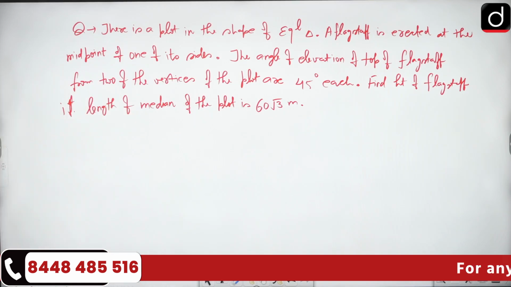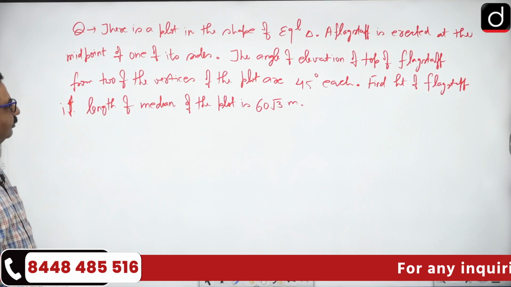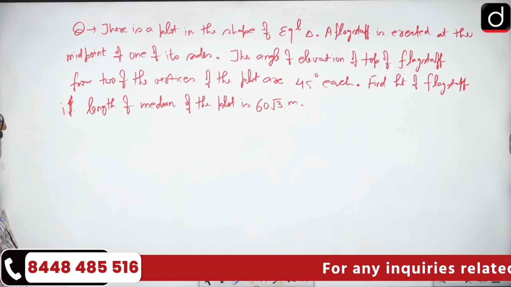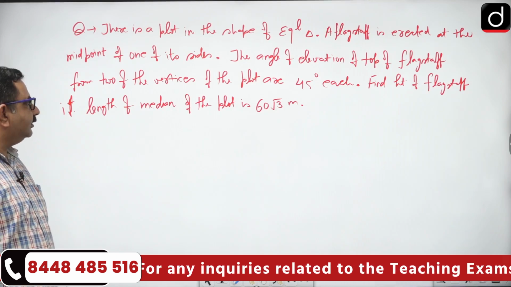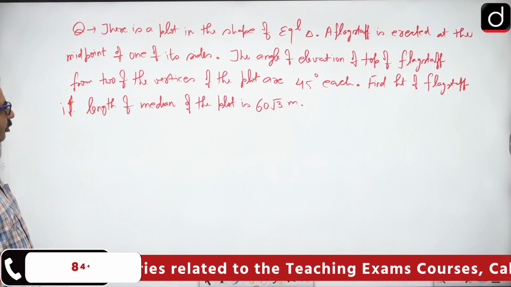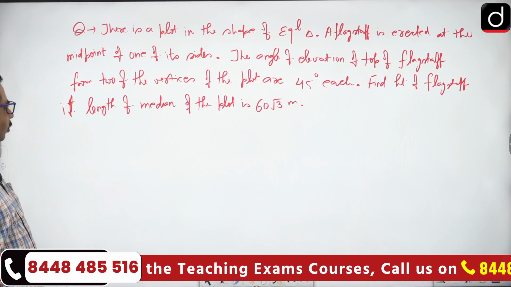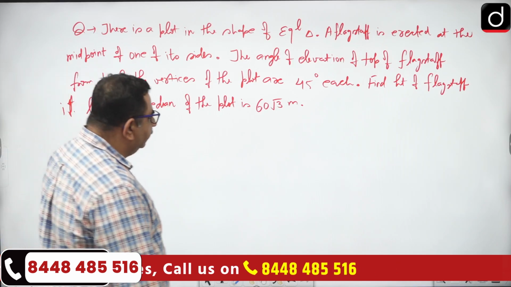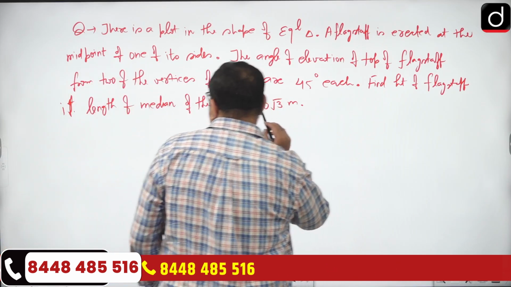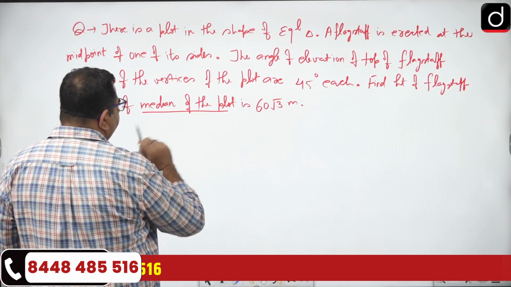So what is given, that there is a plot in the shape of an equilateral triangle. A flag staff is erected at the midpoint of one of its sides. The angle of elevation of the top of the flag staff from two of its vertices of the plot are 45 degree each.